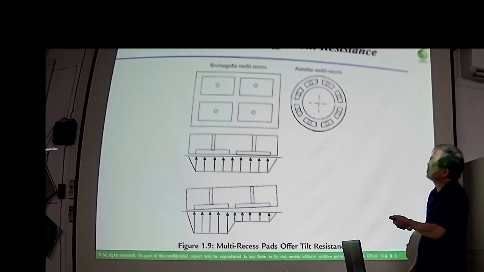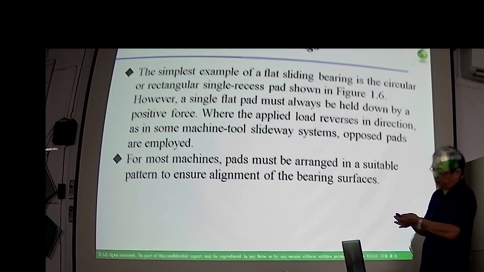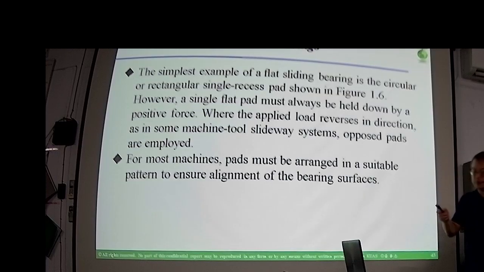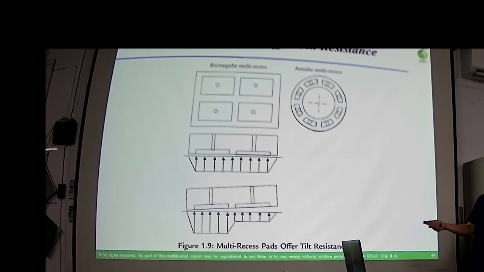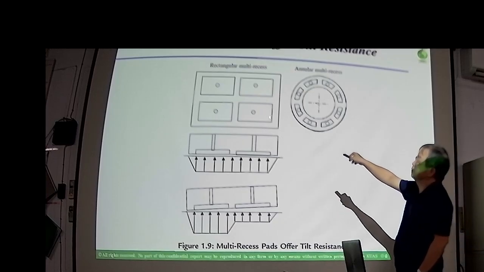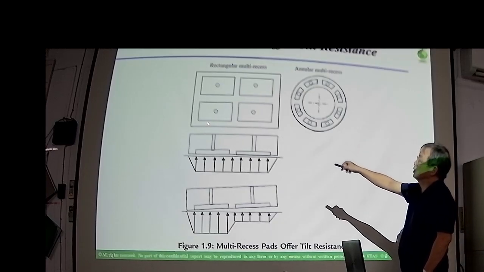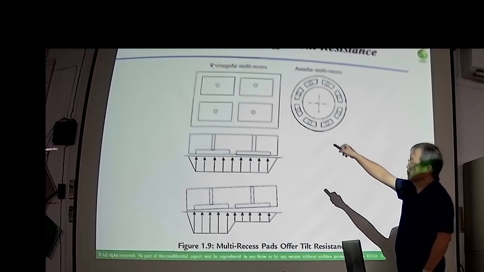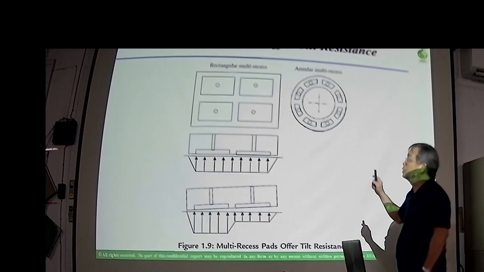So here is the flat deck bearing, which is actually a thrust bearing. Here are some different configurations for the thrust bearing. In this case, you have 4 recesses in this thrust bearing.